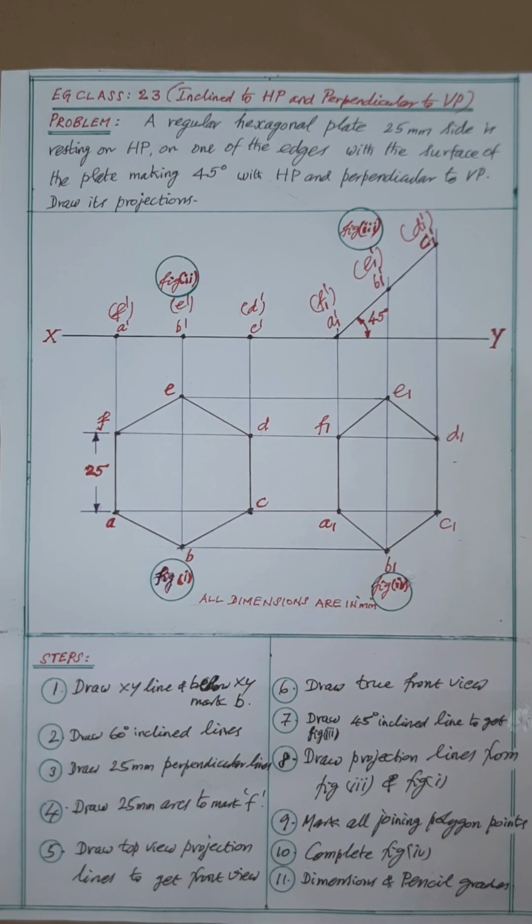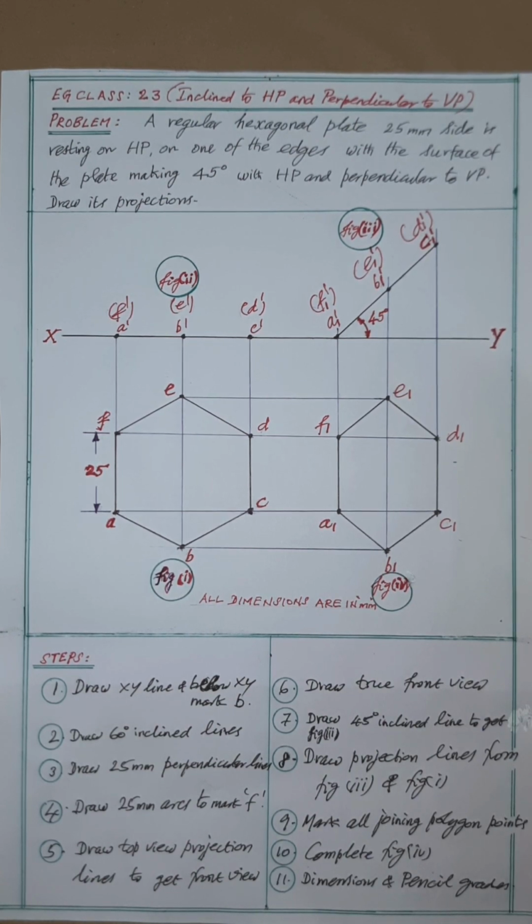Here additional steps come, figures required for horizontal plane and vertical plane. Hence, assuming first the plane is parallel to the horizontal plane, draw the hexagon for the top view.